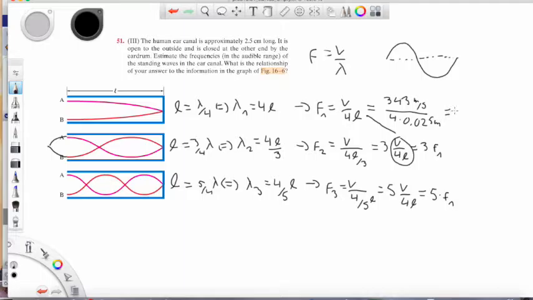This gives us about 3,430 hertz. And in the following cases, we already know that it's 3 times f1, so 3 times 3,430 gives us about 10,300 hertz.